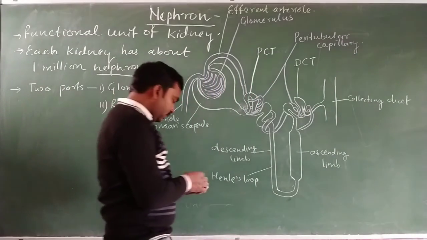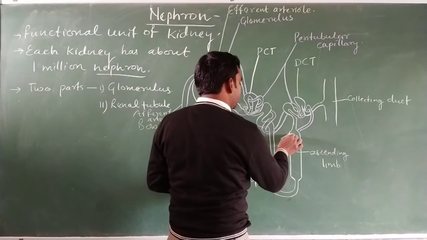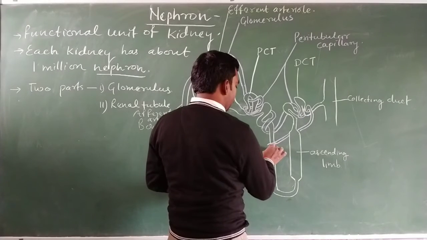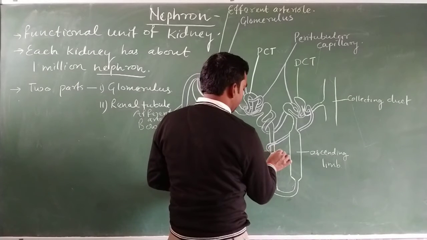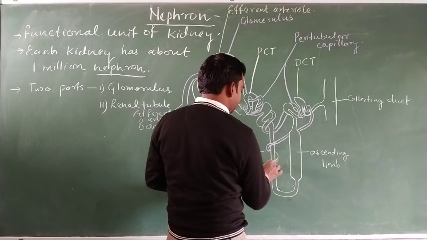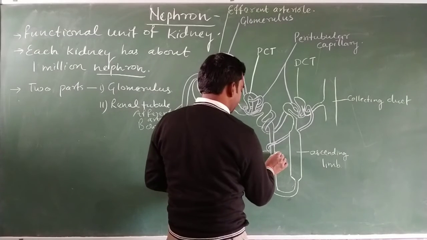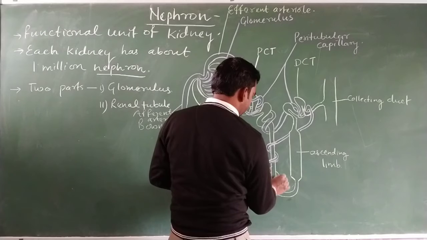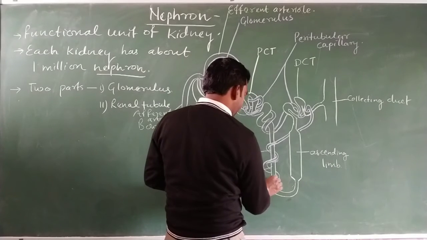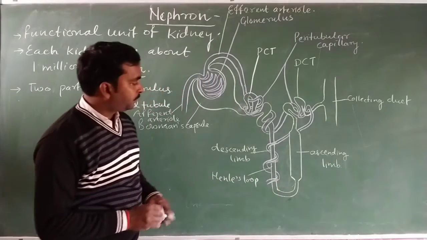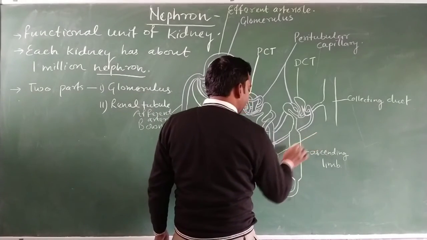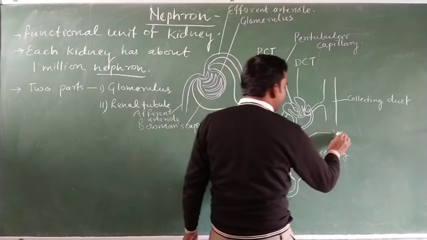And this capillary also runs parallel to the loop of Henle, and the capillary which runs parallel to the loop of Henle is known as the vasa recta.